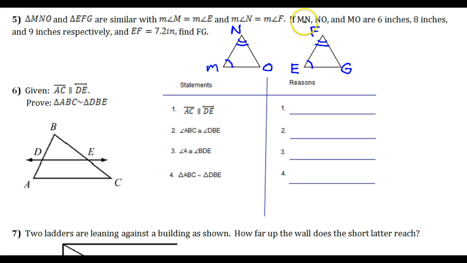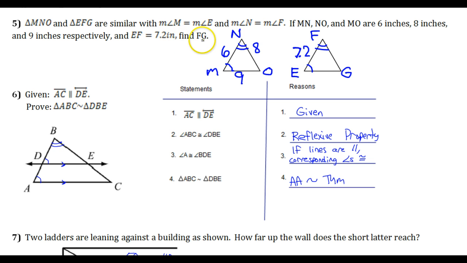So MN is 6, NO is 8, and MO is 9. EF is 7.2, so this is 7.2. Then it says find FG, and FG is right here.